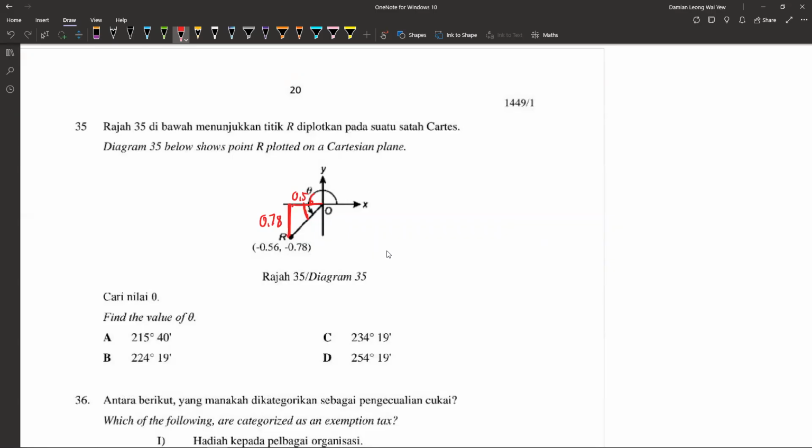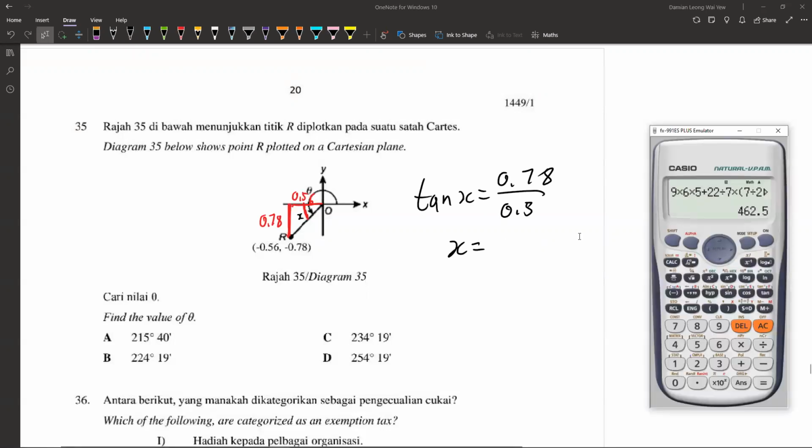So I have opposite and adjacent. I can use tangent. Tangent of X equals opposite 0.78 over adjacent 0.56. To find the angle, I use inverse tangent. Shift tangent 0.78 over 0.56.